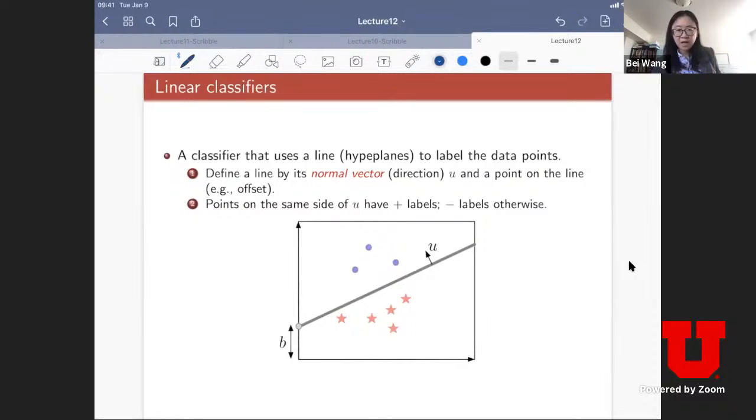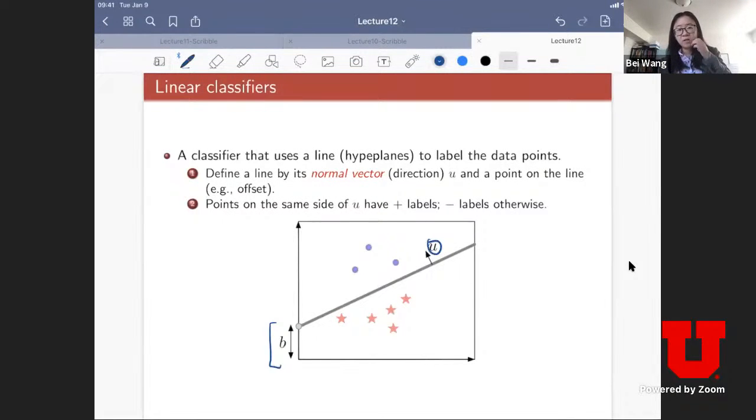In order to define this separation, I can define this line or hyperplane by its normal vector, which is u, a vector that is normal to this hyperplane. This is generalizable to high dimensions: if I have a high dimensional plane, you can always find an orthogonal direction that defines the normal direction of this plane. And then in two dimensions I can also define the distance to the origin, which is this b vector.